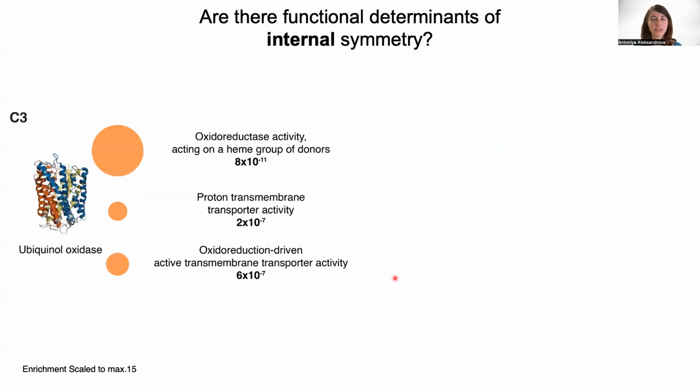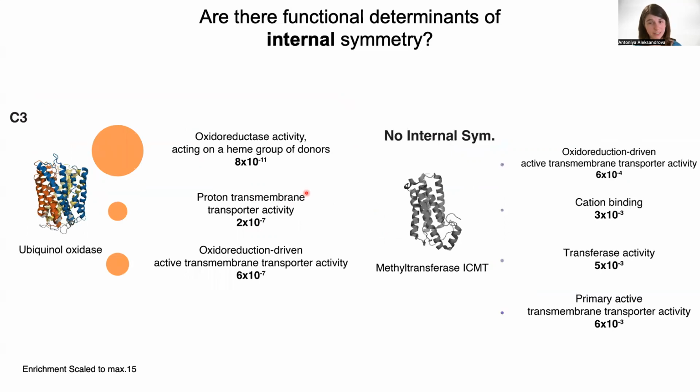Finally, the internal C3 symmetry group contains only 22 proteins, which show high enrichment in oxidoreductase activity. The proteins often form complexes with non-internally symmetric proteins, which is why the oxidoreduction-driven active transmembrane transport activity also shows up in the no internal symmetry category. There we also find mildly enriched transferase activity and cation binding.